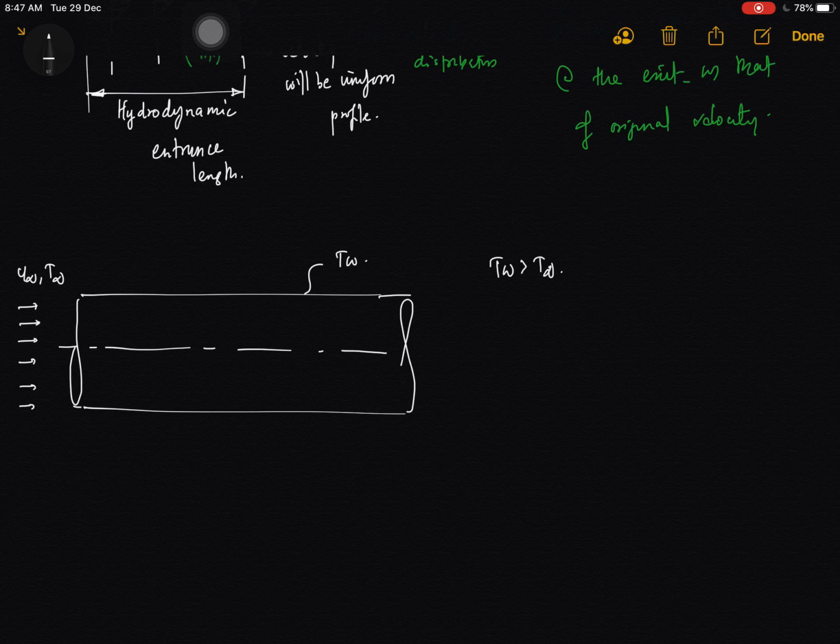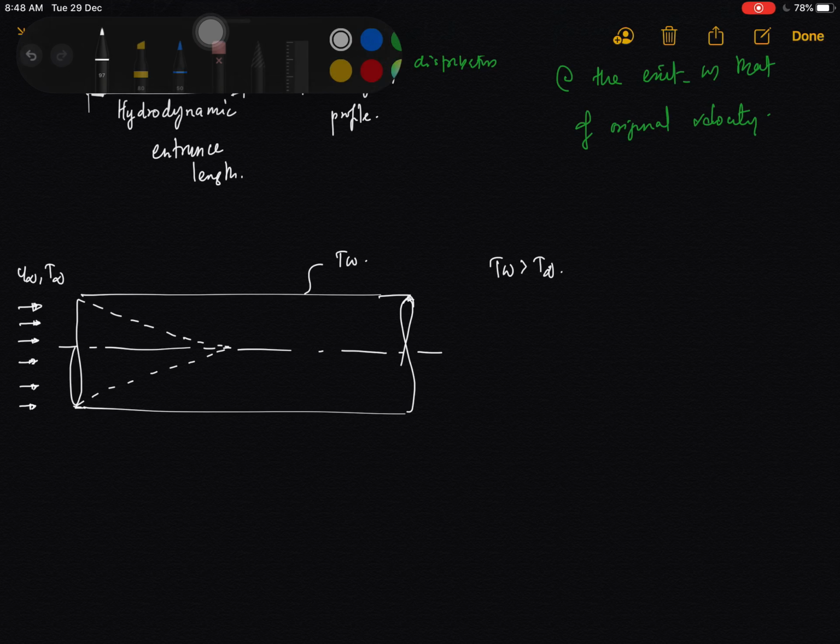For that case, similar to the hydrodynamic boundary layer, at the walls there will be thermal boundary layers generated because of the temperature difference between the wall and the fluid, and these two boundary layers will meet at the center as the flow progresses along the length.